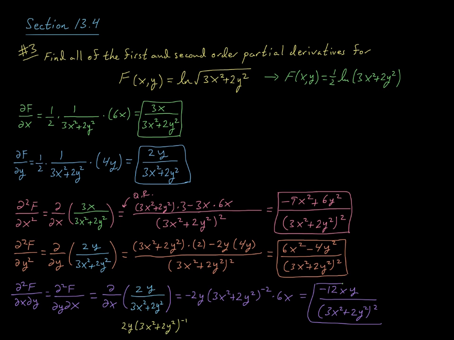Okay, so this would be the expression for both mixed partials. Now, I did the x derivative of the y derivative. I encourage you to do the y derivative of the x derivative, just to convince yourself you're going to get this same expression here. But all right, that is going to do it for this example.